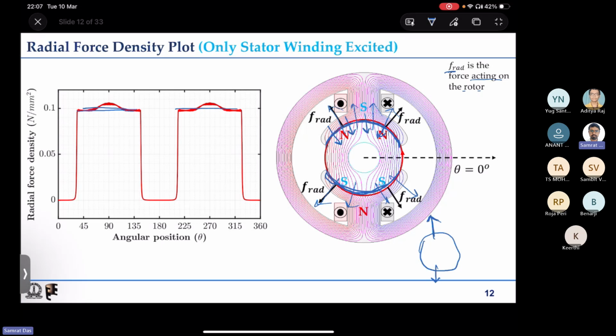and some net radial force is acting in the downward direction. But if it is a rigid body, it does not deform. So if we have a cylindrical body like this, and if we apply some force on this, rigid bodies will not deform.